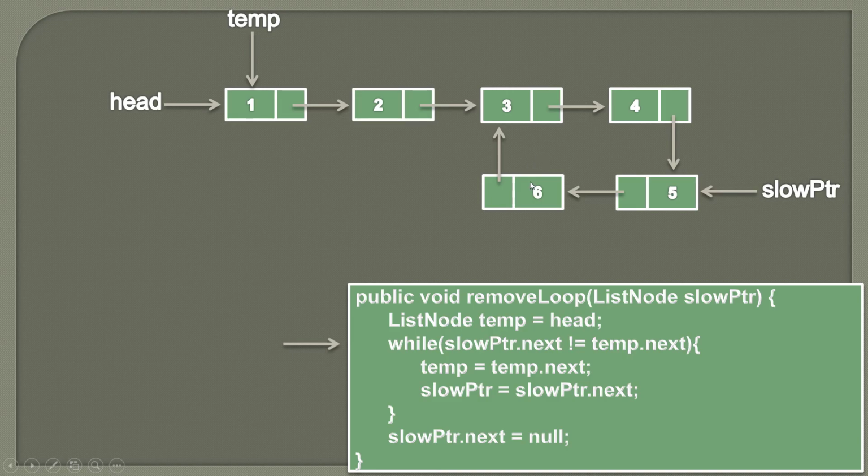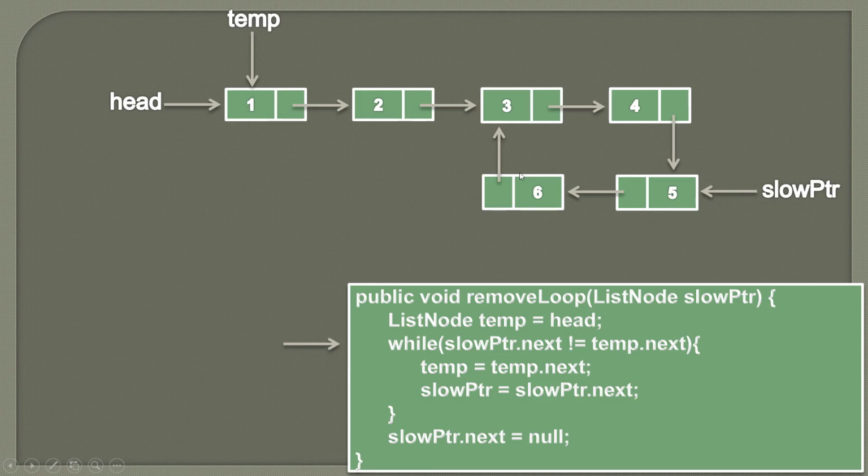So the only way to reach node 6 is, instead of comparing slow pointer with temp, we simply compare slow pointer's next with temp's next, because we know that when slow pointer reaches node 6, temp will reach node 2, and both pointers' next will point to the starting node of the loop. So therefore we have to break this while loop at that point, because we have reached a node which is just before the starting point of the loop.